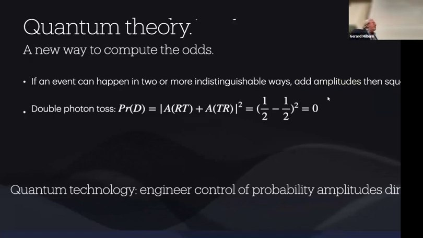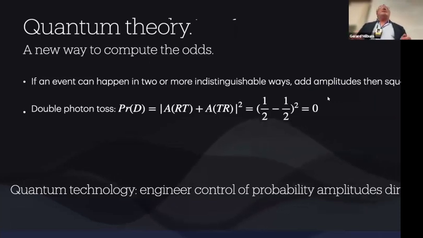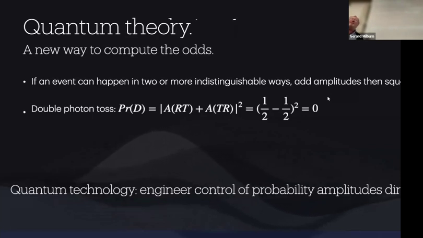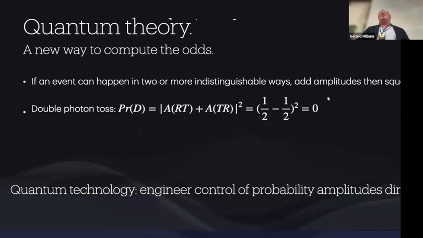So in this particular example, here's how the theory works. It says that an event can happen in 2 or more indistinguishable ways. Add the amplitudes first. So this is very much like the Bayes rule, which says if 2 events classically can happen in 2 indistinguishable ways, add the probabilities. But quantum mechanics says no, don't add the probabilities, add the probability amplitudes, and then square to get the probabilities. And it just so happens, I'm not going to show you, if you crank the handle of quantum electrodynamics, of the physics of light and the physics of dielectric surfaces, you'll discover that the probability amplitudes for reflection and transmission and reflection are half, but one of them comes in with a negative sign.